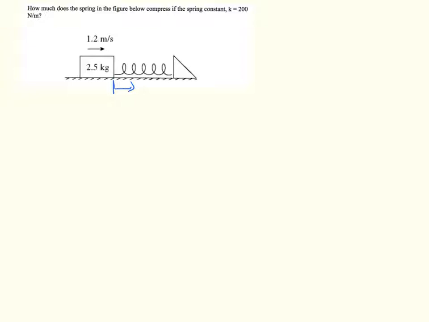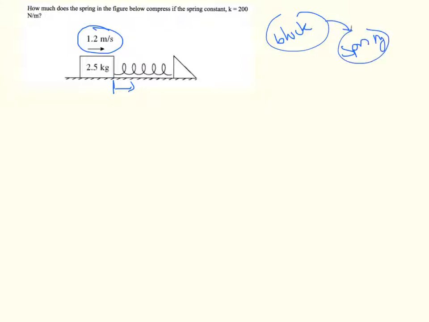All right. So in my mind, this is an energy conservation problem because I know I have some initial energy, and I know that this box is going to continue to move in until it slows down and comes to a stop. So my system is my block and my spring, and those are really the only things that matter in this case, and I'm going to say that energy is conserved in that system.